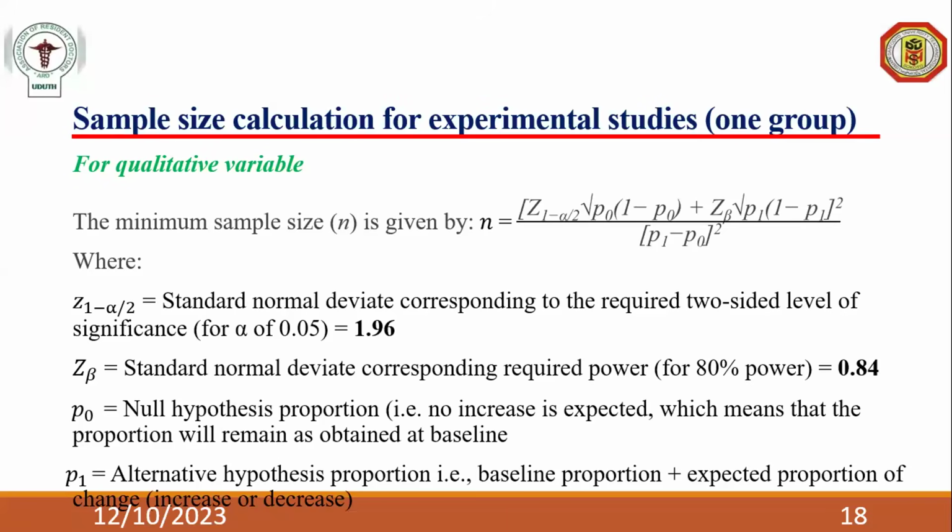So for example, let's take primary healthcare workers. You want to know the effect of health education intervention among primary healthcare workers regarding their knowledge of malaria. Before you start the study, you select only one group, you select your sample.